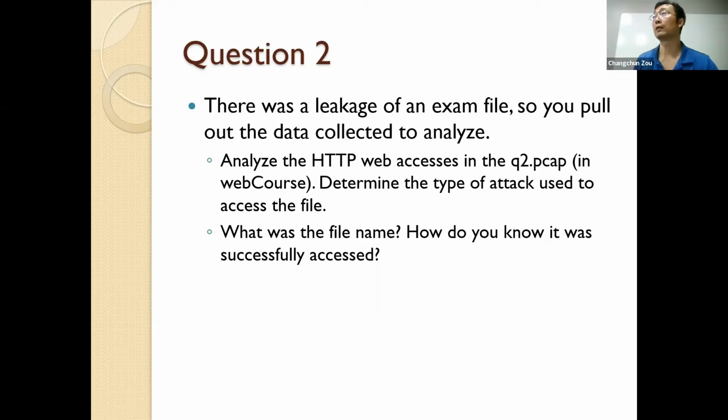HTTPS is encrypted, so there's not much information you can analyze. The question is that there was a leakage of a file through this web traffic, and determine the type of attack used to access a file, and what was the file name. How do you know it was successfully accessed? So that's the question.